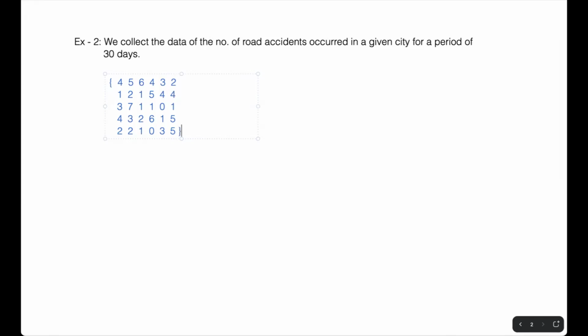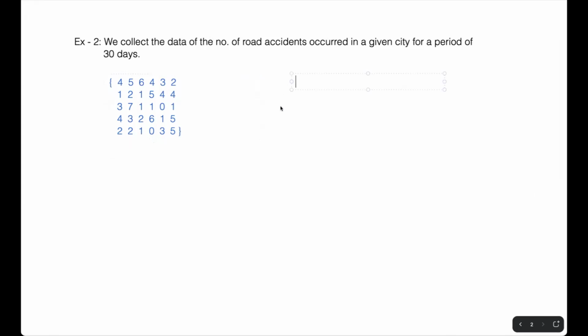30 days, right? So again, looking at this data set, it's difficult for us to find the trend, right? So it's the data in its raw form, and it doesn't tell you much information. So what we could do instead is simply sort these values in the order of, let's say, ascending magnitude, and then show the corresponding frequency side by side for each value in a frequency table, right?